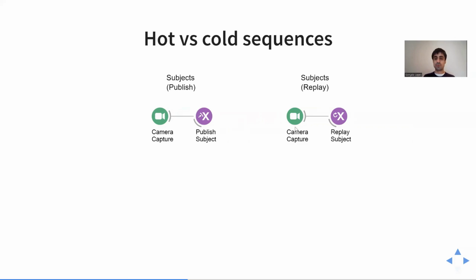Now, if you declare your subject as a replay subject, then the downstream operators subscribing to the subject will always see all the data that is stored in the source, whether it be a file or something else. So that way you can specify whether you want to memorize the data or just share the latest data in a fire and forget way.